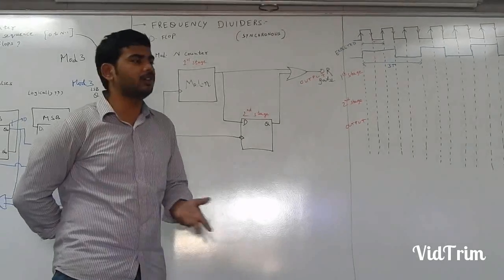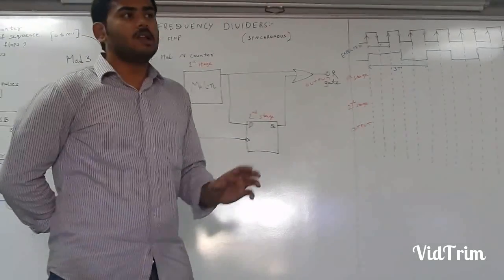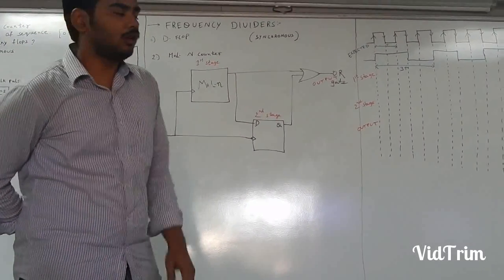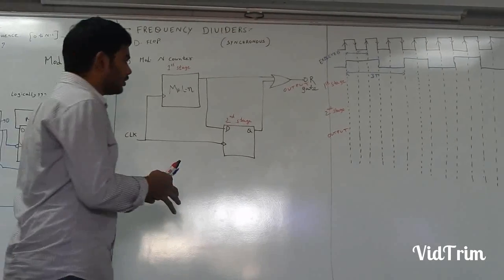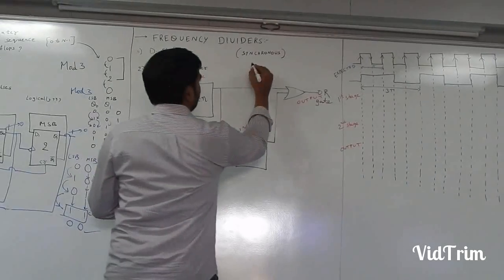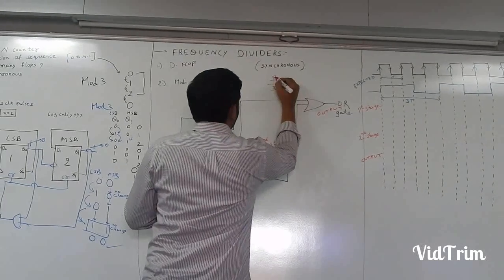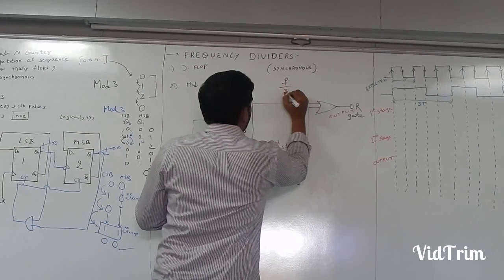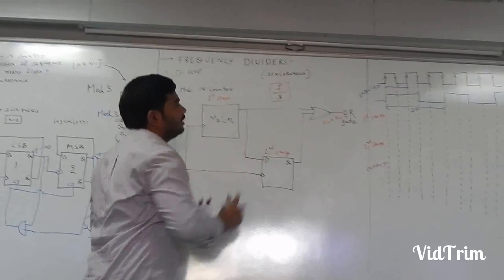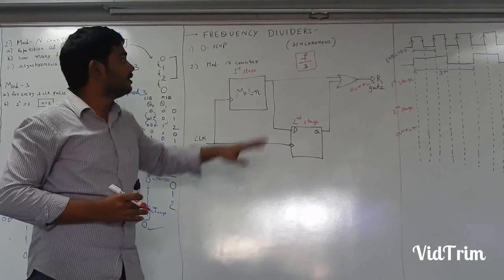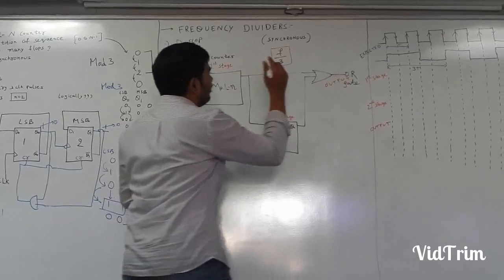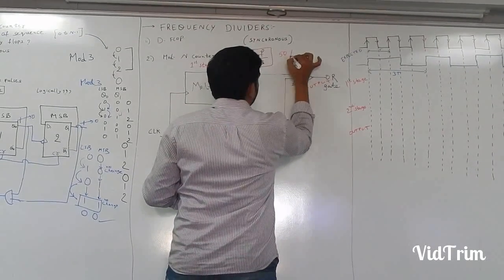It may be a positive edge or negative edge for that matter. Every device is given the same clock. Suppose they ask us to design f by 3 frequency divider, synchronous one, and that too they will ask for 50% duty cycle.